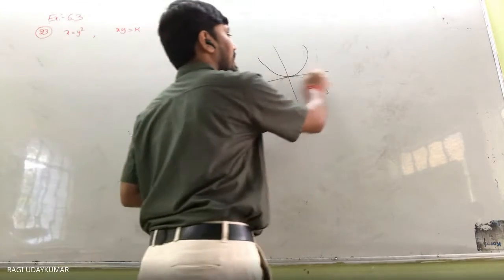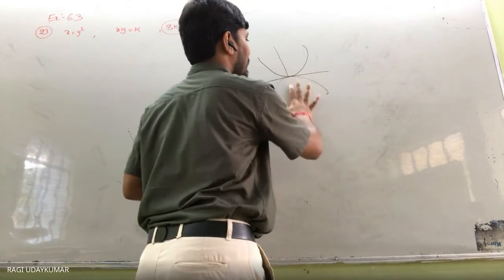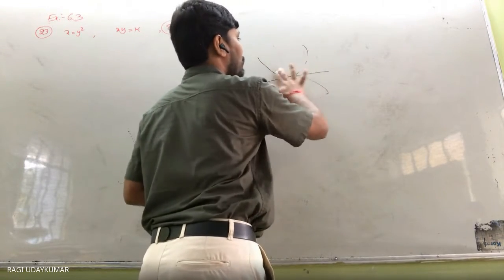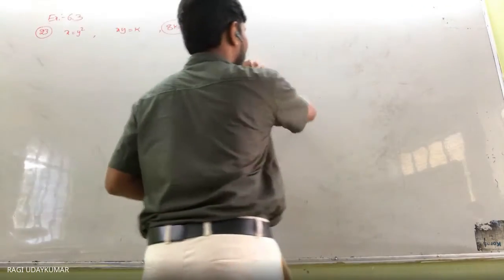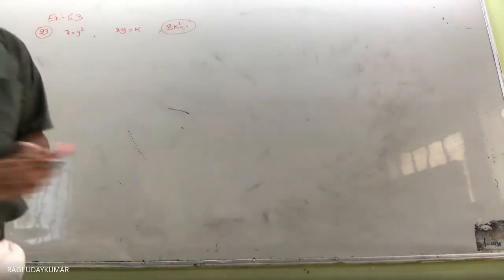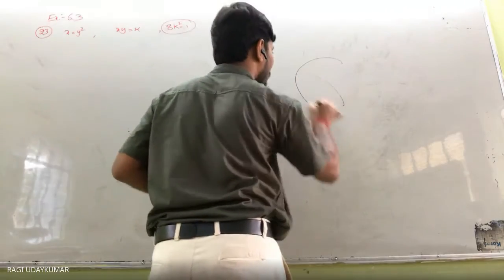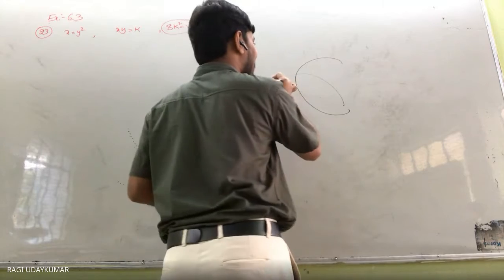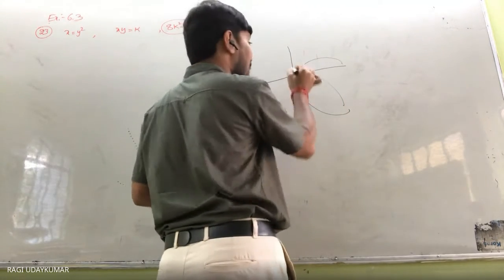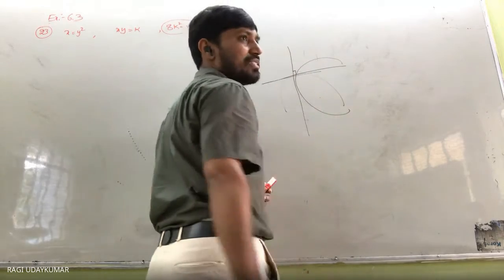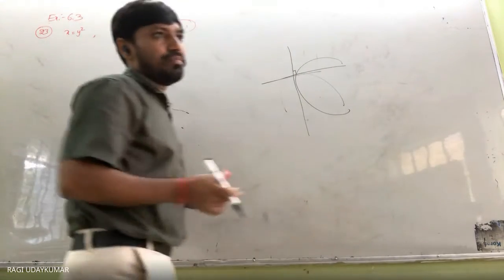Its tangent is this. Sorry, these two curves are not perpendicular. Like this, these two curves are perpendicular. Its tangent is this, its tangent is this. Suppose these two are perpendicular tangents, then the curves are called perpendicular.